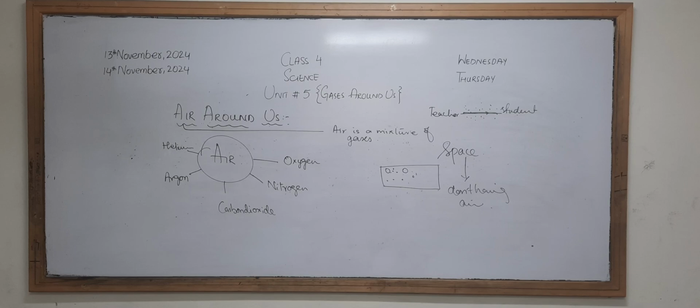The different gases present in air are oxygen, nitrogen, carbon dioxide, argon, etc. And we have discussed different examples in our surroundings, which we normally go through on a daily basis but do not consider keenly.